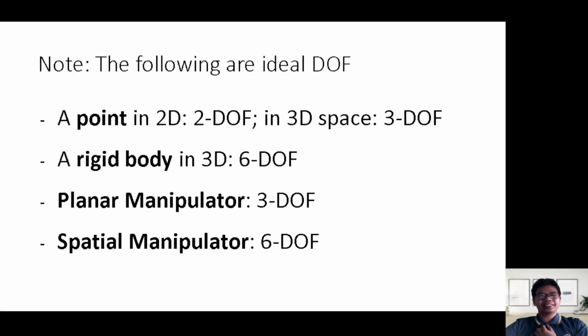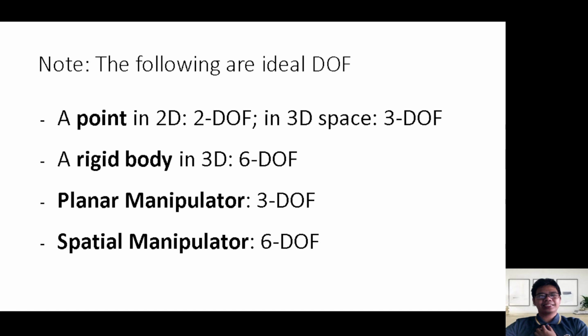Understanding the concept of degrees of freedom, or DOF, is essential in grasping the flexibility and movement potential of robotic systems. Imagine you're looking at various objects in space. Each object has a certain level of freedom to move and orient itself.